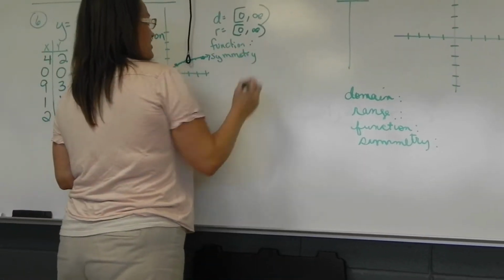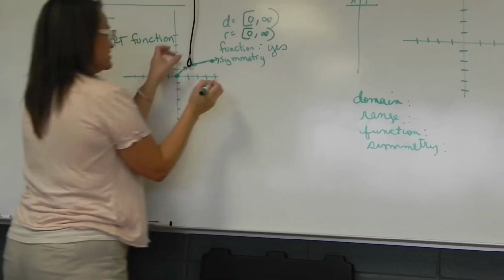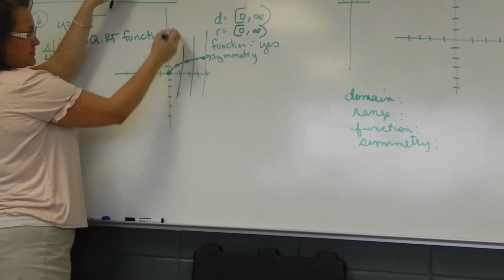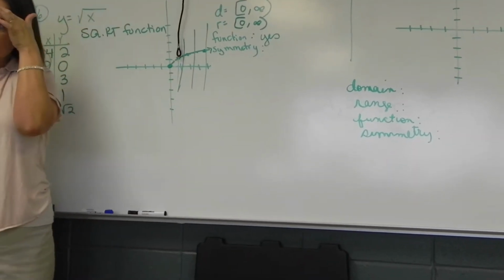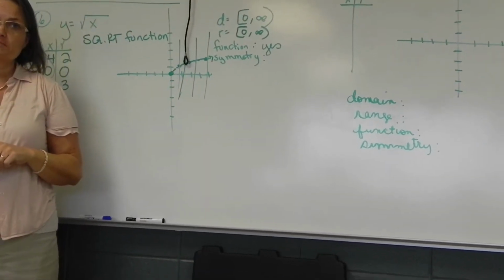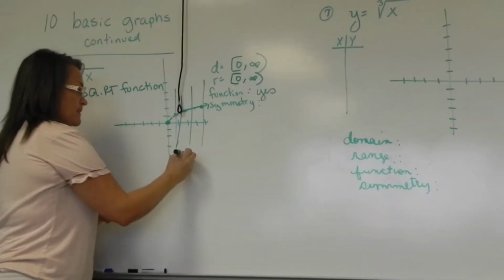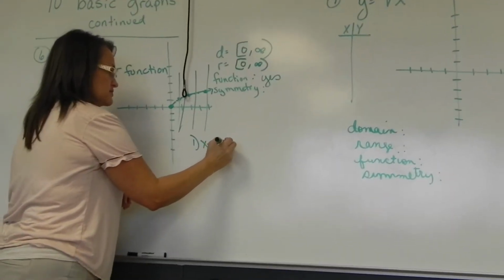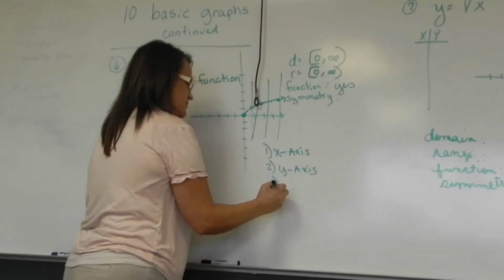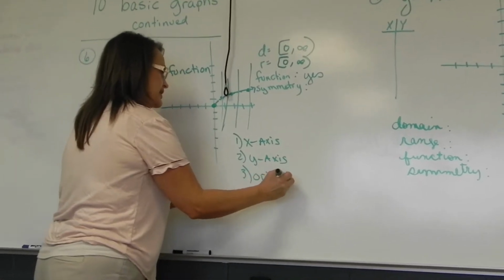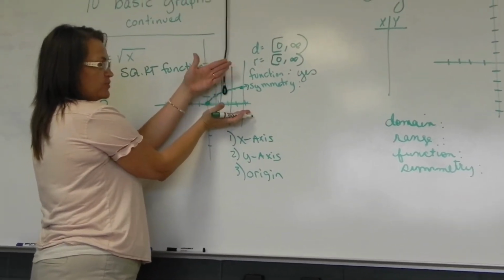All right, is it a function? It is. The vertical line test would only hit this curve one time, making it a function. Any type of symmetry? There's 3 types that we study: x-axis, y-axis, and the origin. The x-axis means if we fold it on the x-axis, that it would match up with itself.